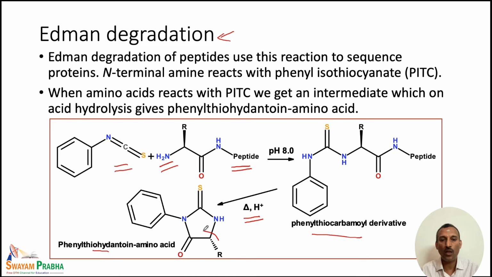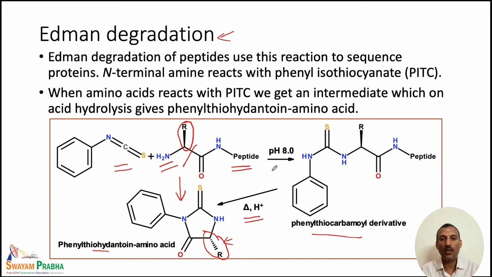So, here is the amino acid we are talking about. This R group is very essential. Depending on the R group, we say what the corresponding amino acid is. That is the same R group that is present here. The N-terminal amino acid is the one that is converted to the corresponding phenyl thiohydantoin derivative, and once this happens, this particular bond is broken and we end up with the corresponding amino acid that is formed.